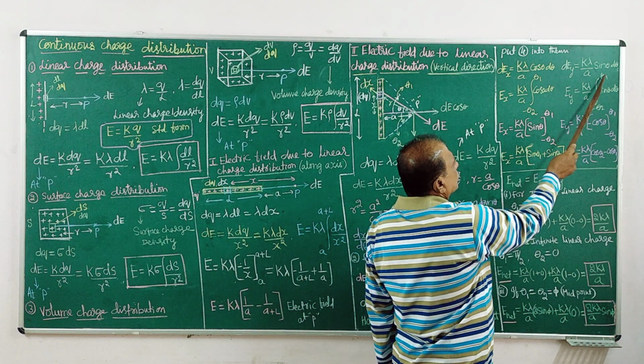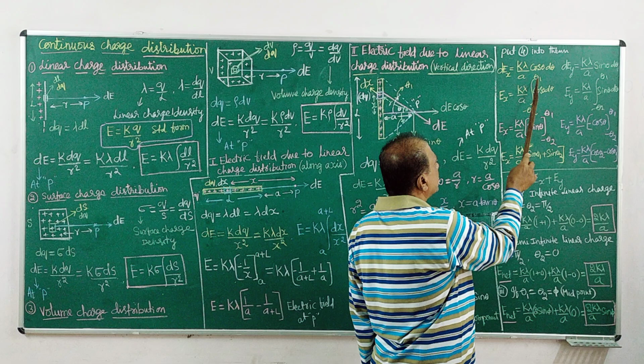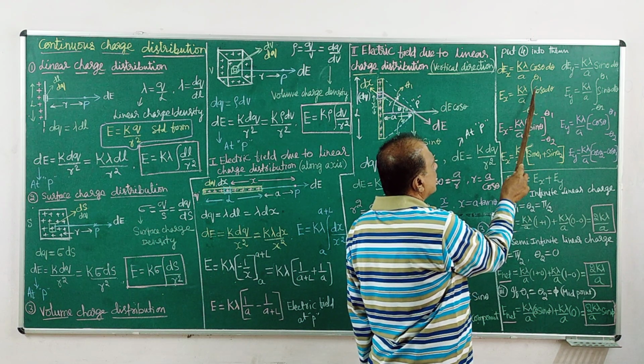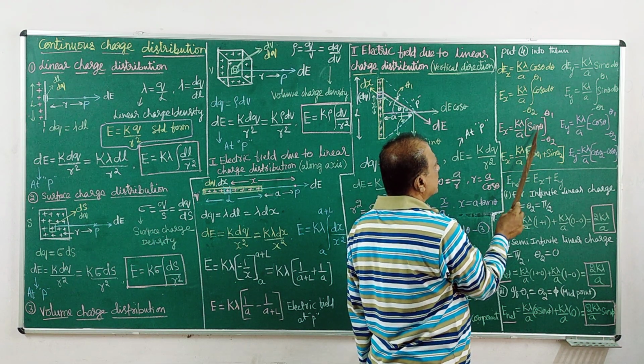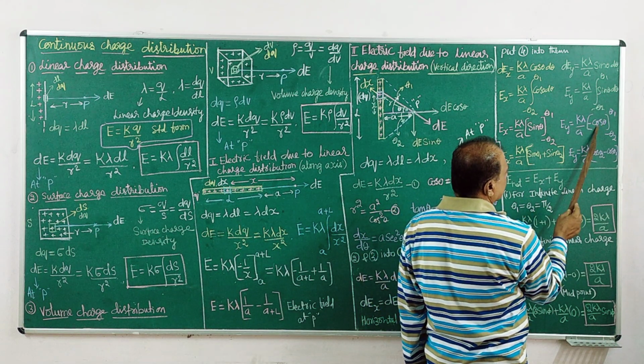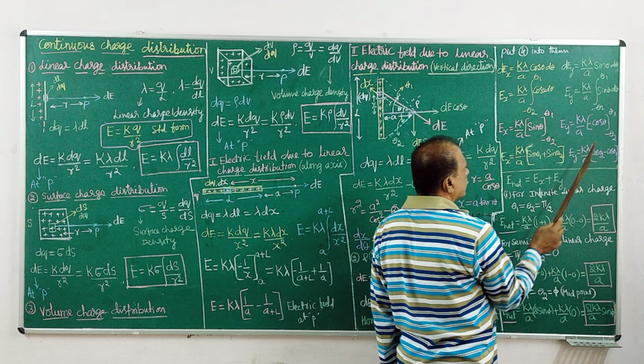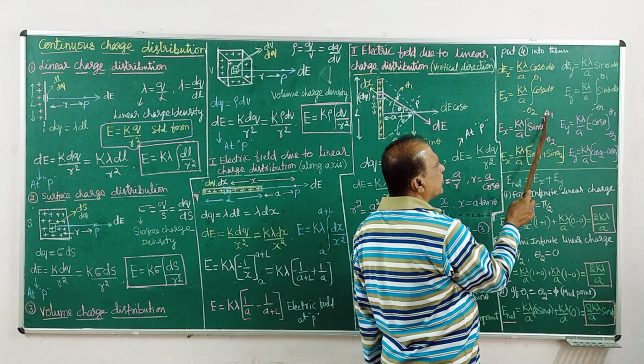Minus theta 2 to plus theta 1. Then do the integration of the function. As you know, integration of cos theta is sin theta, and the integration of sin theta is minus cos theta. These are the limits. Apply the limits and simplify.